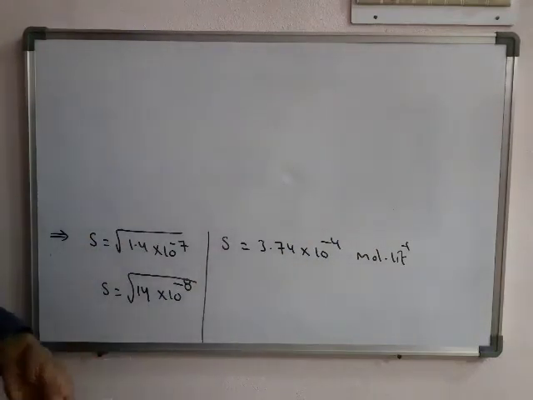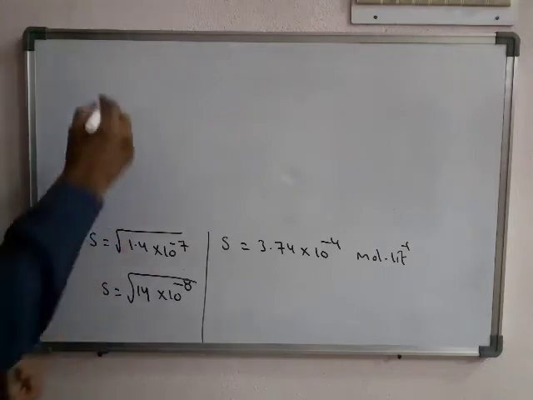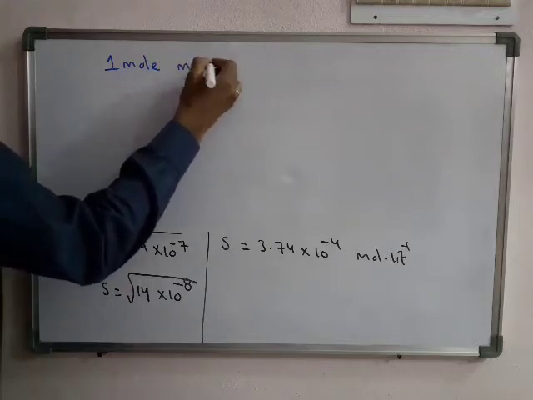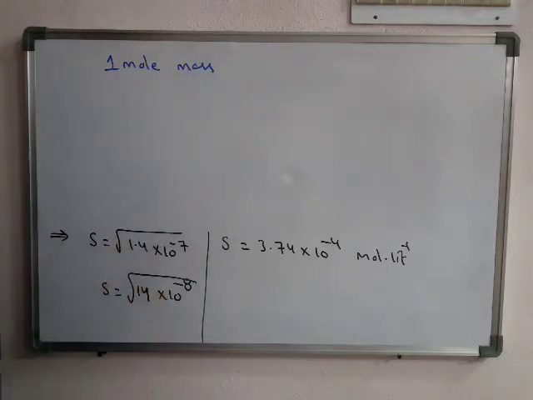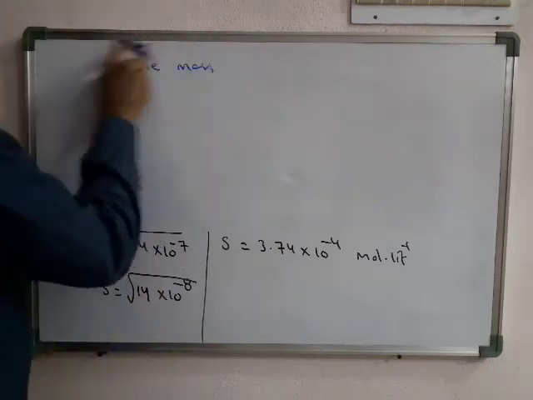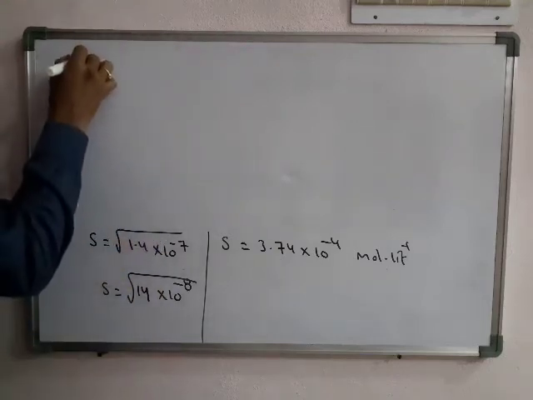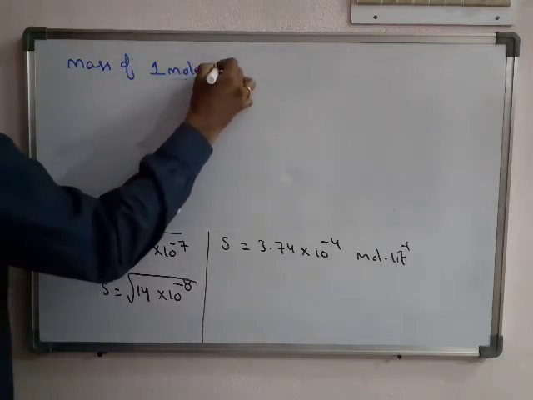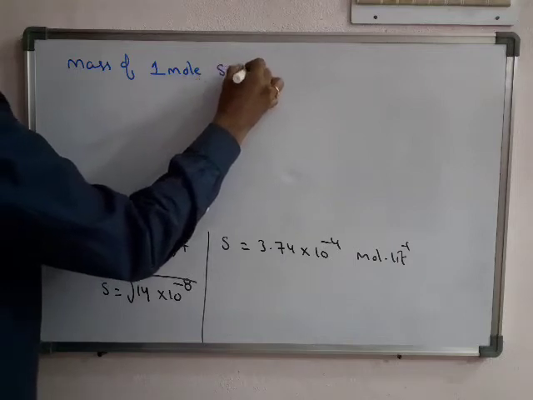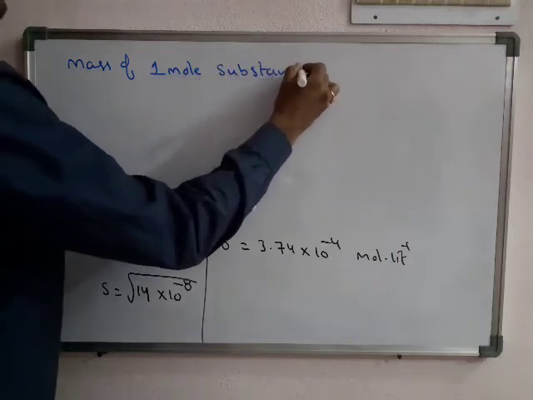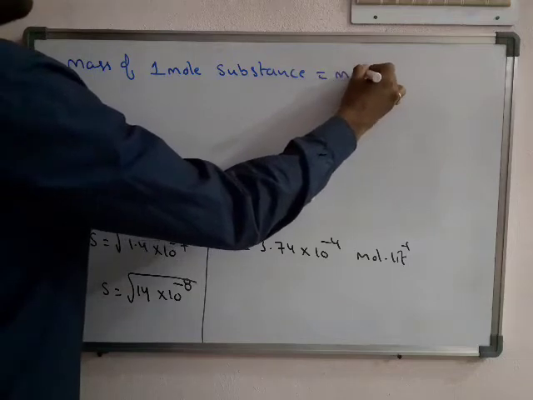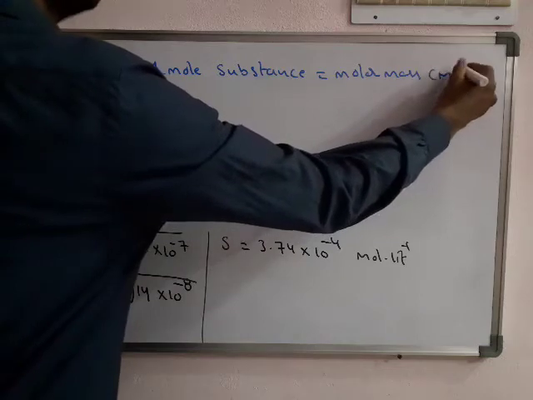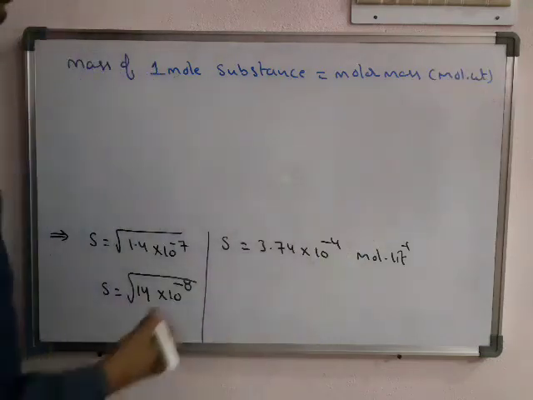The point we have to observe is that the mass of 1 mole of any substance is equal to its molar mass, which is nothing but gram molecular weight, or molecular weight.